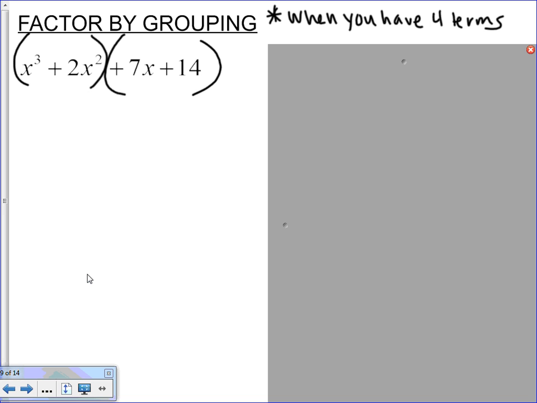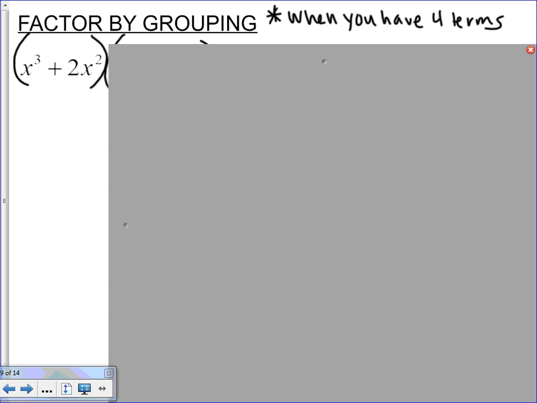I'm just grouping to separate my polynomial at this point. I'm not trying to multiply it all out. I grouped them in groups of 2, and now I'm going to ignore the last group. I'm only going to focus on x cubed plus 2x squared. Factor out a GCF. What can I take out of both terms? X squared. And then I'm left with x plus 2.